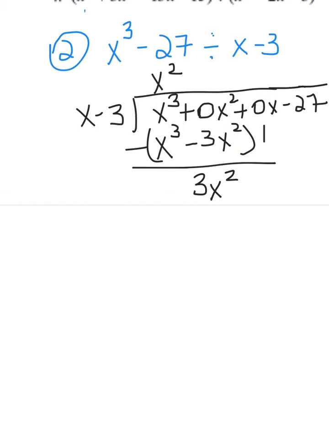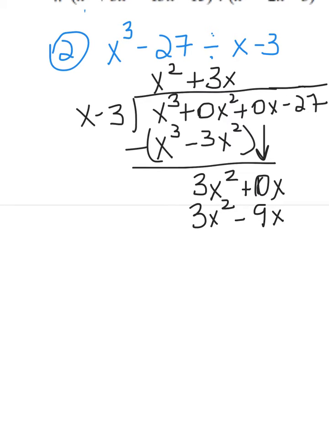And then I bring down my next placeholder, which is my 0x. And then I do the division again. X goes into 3x squared. That's going to happen 3x times. So 3x times x is 3x squared. And 3x times a negative 3 is a negative 9x.